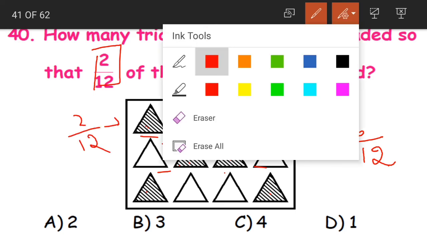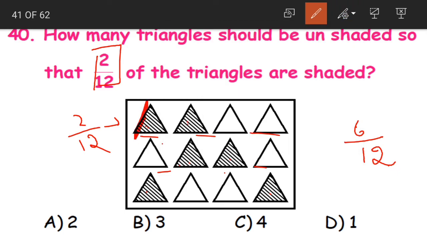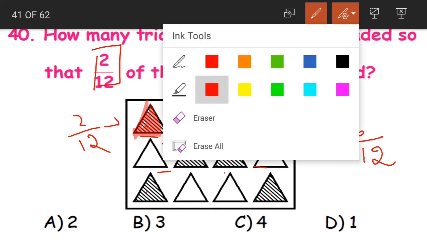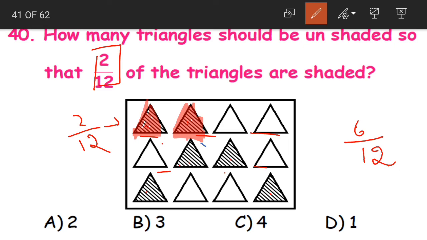So that means from the given triangles, only 2 are to be shaded. Now what are the extra triangles we have? 1, 2, 3, 4.